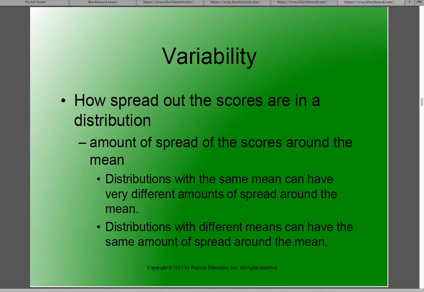Basically, if you just sum the deviations, they would sum to 0, and so we square the deviations and then sum those squared deviations about the mean. So variability, standard deviation, and variance are numeric representations of the amount of spread of scores about the mean.